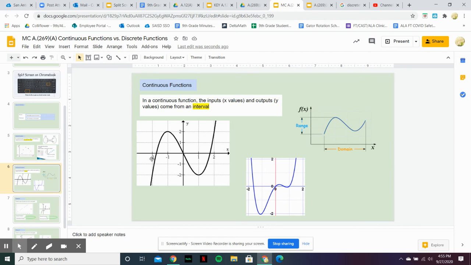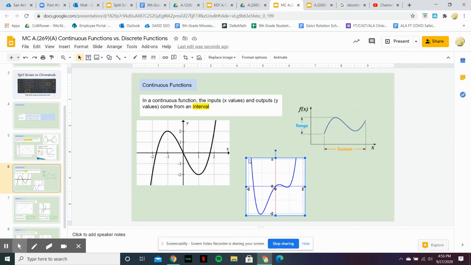But for now, you can think about it as the inputs for this function are all of the numbers that appear across the x-axis, because at any point I could stop on the x-axis and find an output on the graph. So likewise here, if I go along this x-axis, it doesn't matter where I'm at, I will find there is some output.